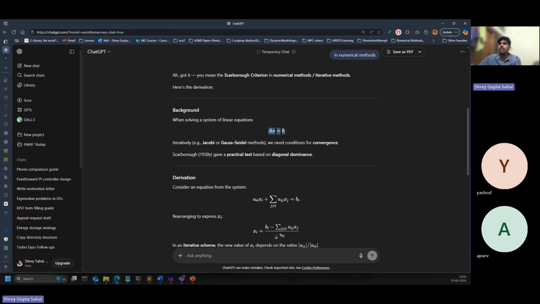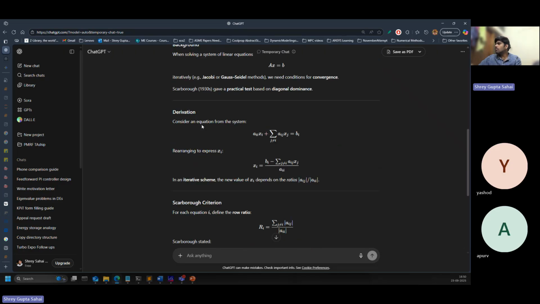So both criteria might apply to AX equals to B, and it is not a method specific criteria. GPT gave a practical test based on diagonal dominance. Consider an equation from the system. He has considered a full matrix, not a tridiagonal or anything of that sort.